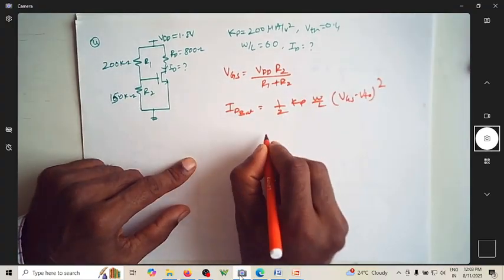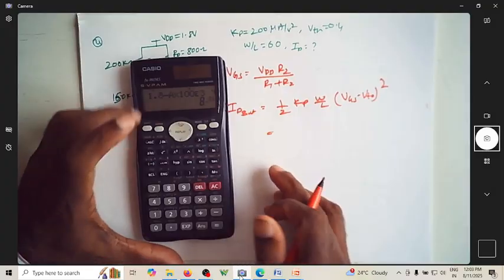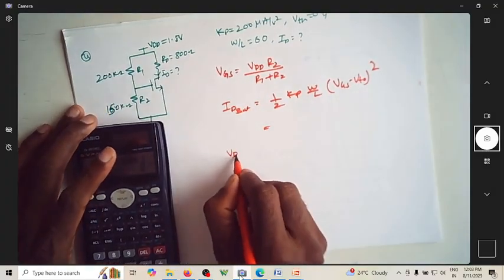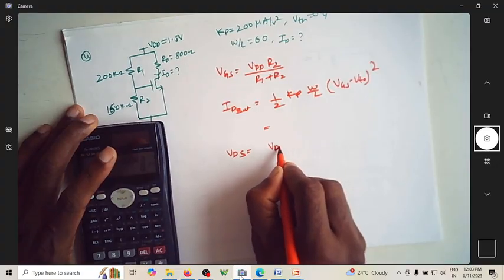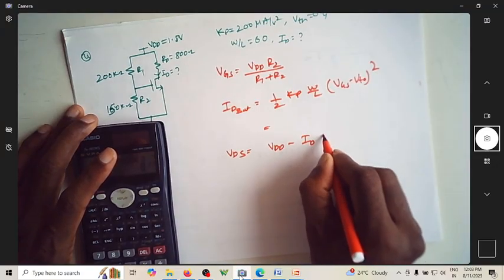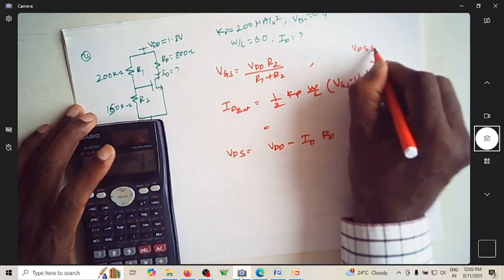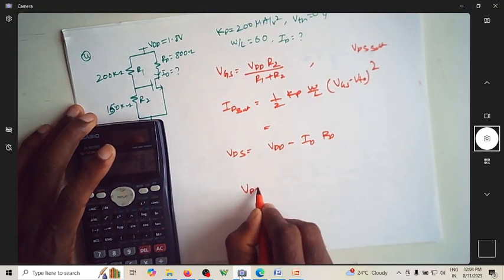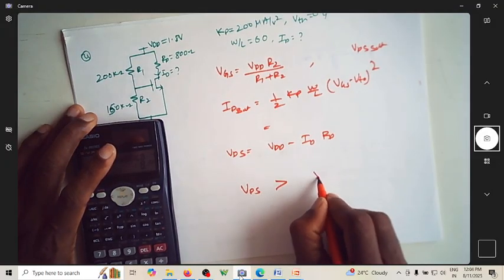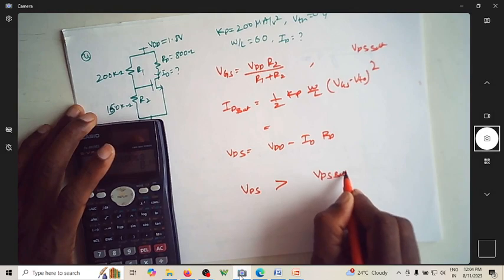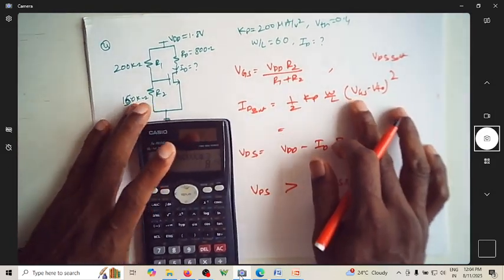VTO or VTH. Let me find this, and let us later verify what VDS is. VDS is equal to VDD minus ID RD. Let us also find what VDS sat is here, and let us compare VDS. Is it greater than VDS sat or not? If it is greater, then our assumption is correct.